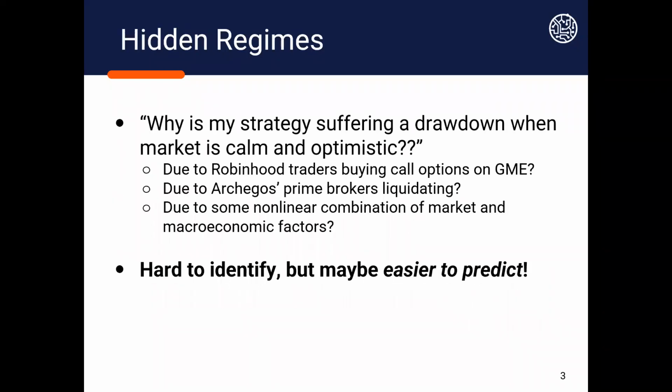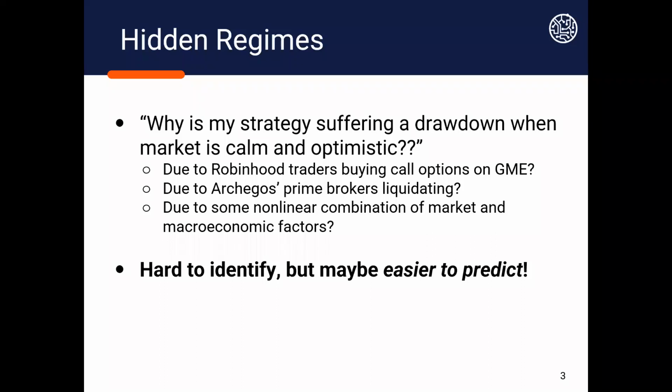Now, what is more interesting is what many people would call hidden regimes. A hidden regime really is the answer to the following typical question: why is it that my strategy or my portfolio is suffering a drawdown when the market is bullish and calm and optimistic, right?